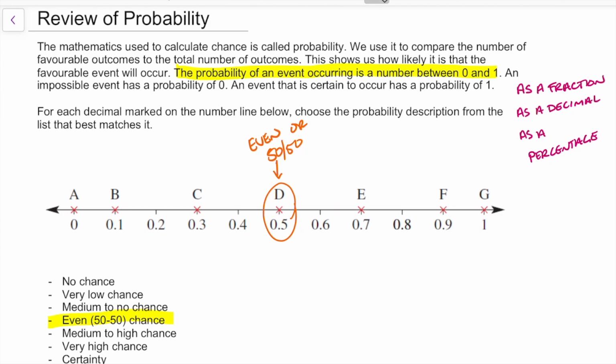Okay, if we were to look at some of the others, so let's go either side. The medium to no chance is going to be here. Medium to no chance, because while it's not completely no chance, it's not quite as high as even. So it's in that middle sort of section in that lower half, gives us a medium to no chance. Which means over the other side, we're going to have the medium to high chance.